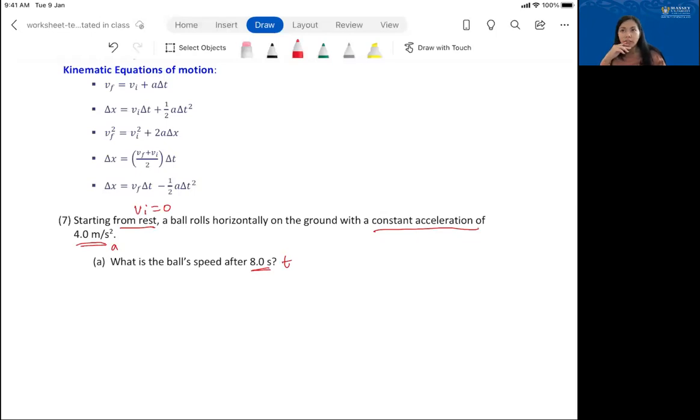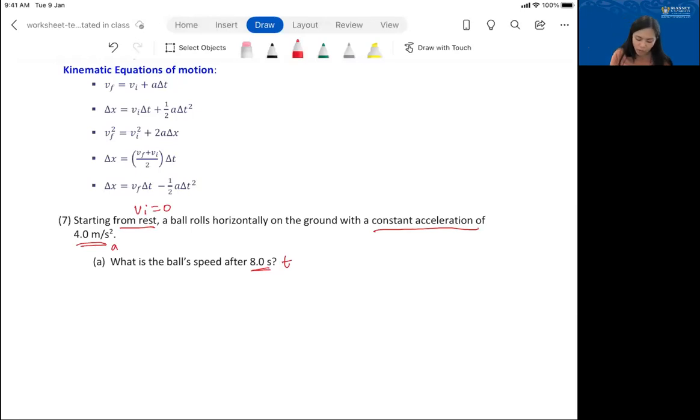Right? Okay, so try to see if you can solve this question using the definition for acceleration. So you're given the acceleration, you're given the initial velocity, initial speed, and then you're given the time, and you want to find the final speed.